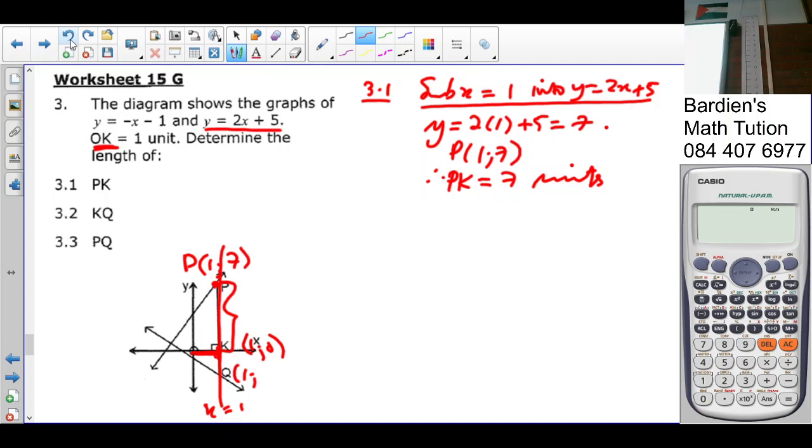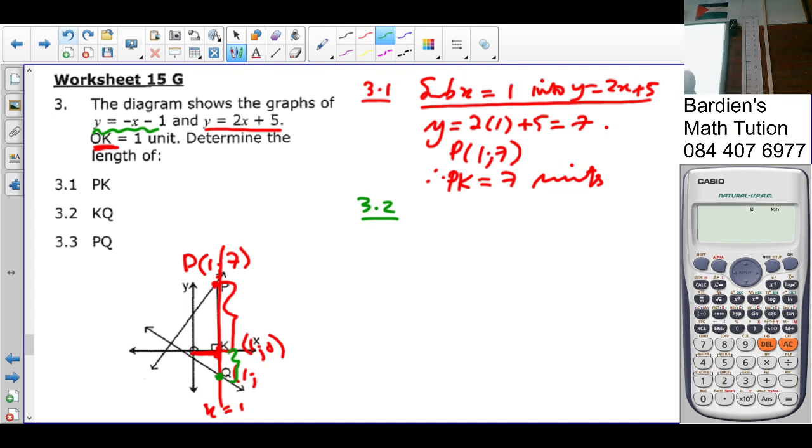In question 3.2, they asked to work out KQ. Q is a point on the equation y is equal to negative x minus 1. How do we know that? We said that the graph is decreasing and has a negative y-intercept.